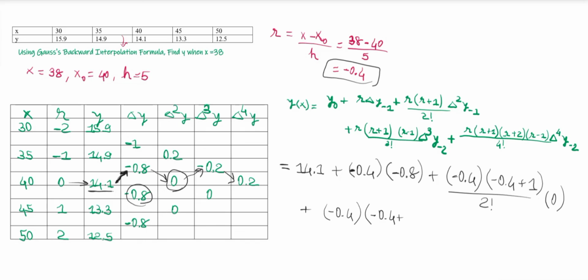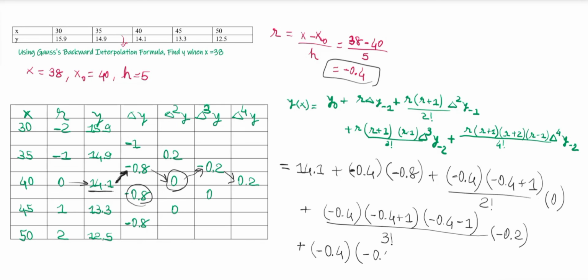And delta raised to 4y is 0.2. Here in delta y, I have encircled the wrong value. It will be minus 0.8 only, but it will be the value which is near the arrow. So this will be multiplied by 0.2.